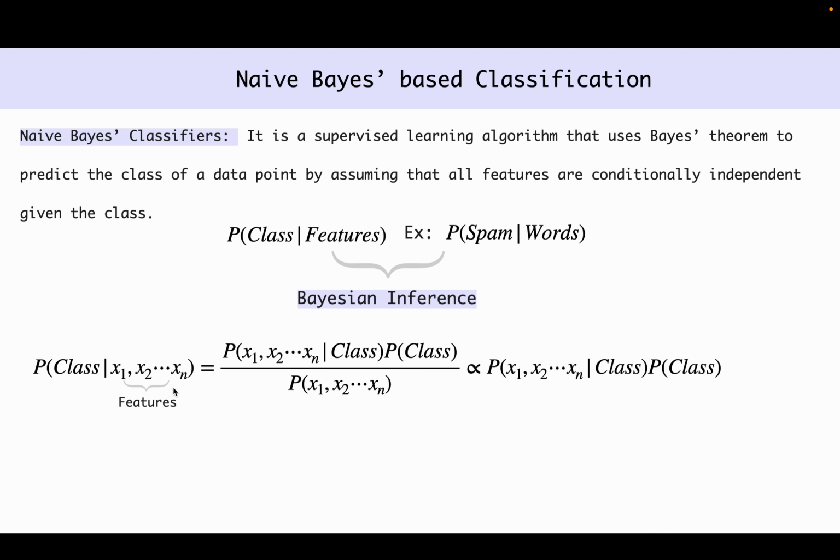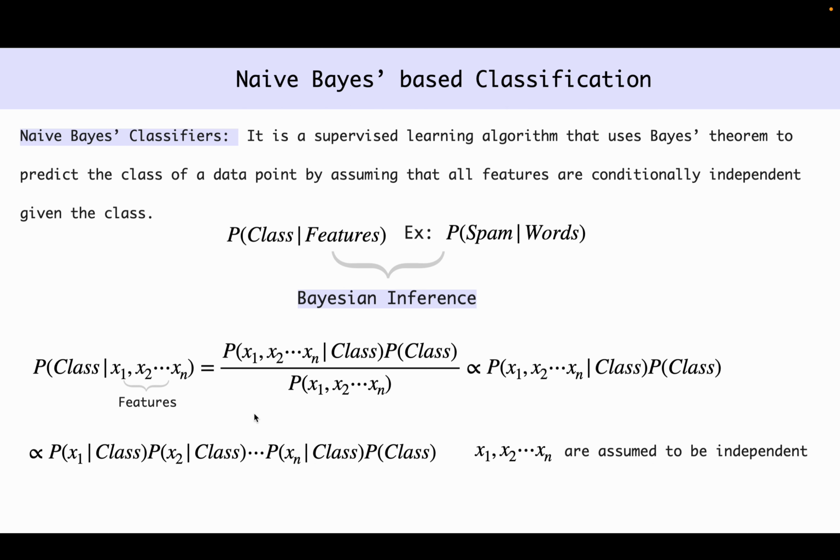In order to find it, we don't actually compute the exact value, we just want the top portion, because the bottom is constant for all the classes. So this is proportional to the top portion, which is the likelihood function and the prior information.